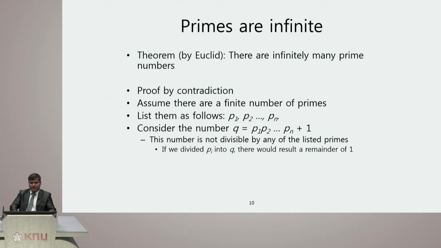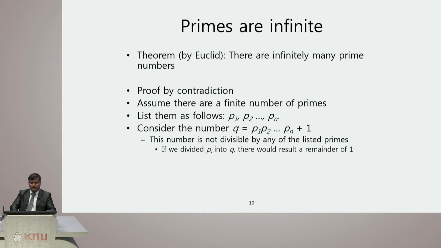If we divide q by Pi, there would result a remainder 1. So this is one of the main parts of the proof.